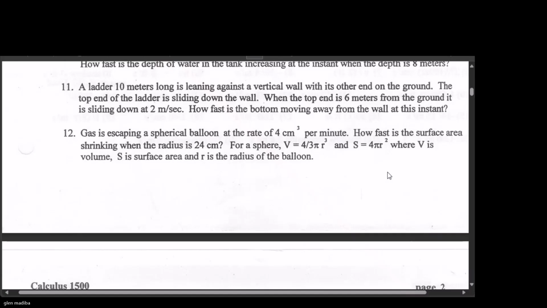I take that change in R and use it in my formula for my surface area. It did not give me a correct value.